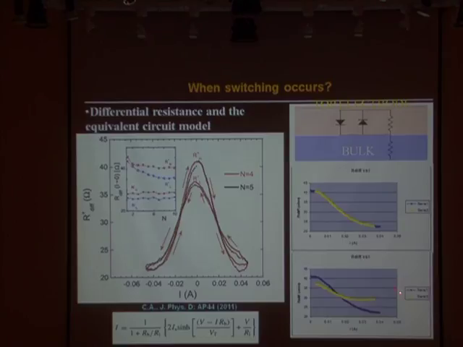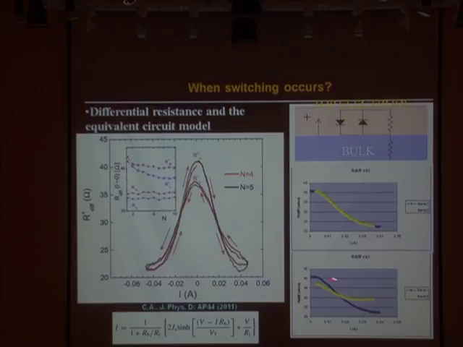But when we want to reproduce the second part of the curve, when you are decreasing the current, we have to change all these parameters. When we apply this positive pulse, we are increasing the metallicity of these diodes, and then we are reducing this interface resistance and increasing the bulk resistance.